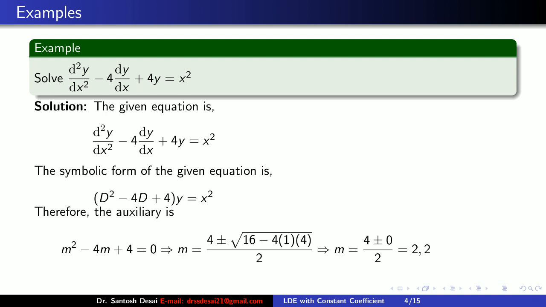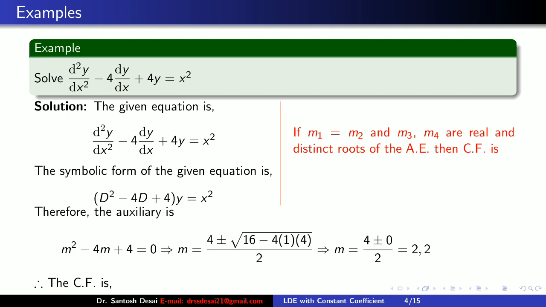So the repeated roots are there. Now we know if the two roots are repeated, that is m1 is equal to m2, then the complementary function is (c1 plus c2 x) e raised to m1 x. By using this, the complementary function is CF is equal to (c1 plus c2 x) e raised to 2x.